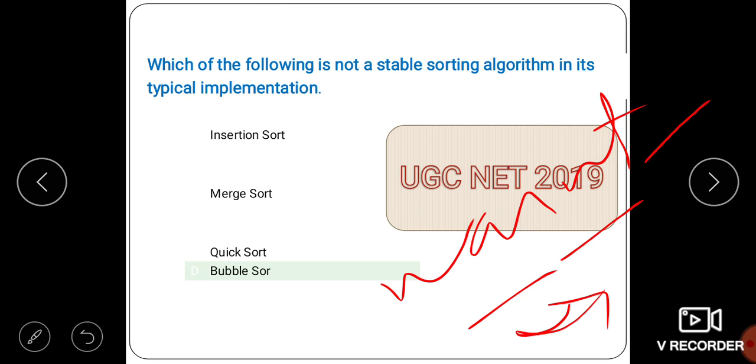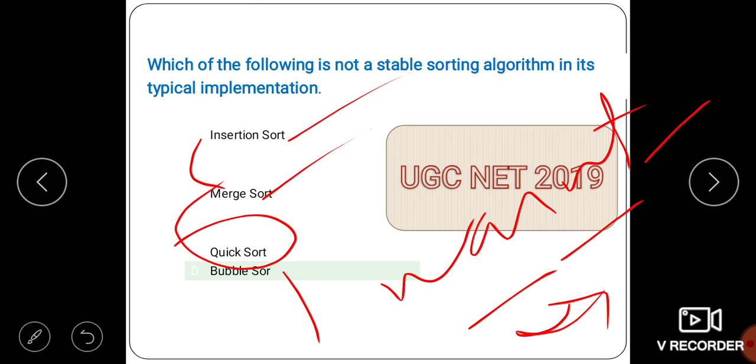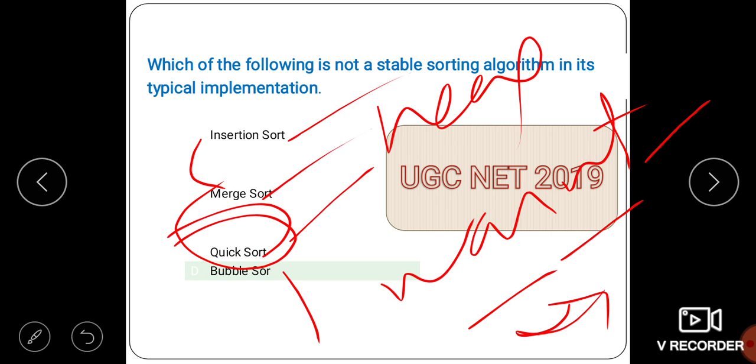For this reason, insertion sort, merge sort and bubble sort are all stable, but quick sort and heap sort are not stable. So here the not stable algorithm is quick sort.